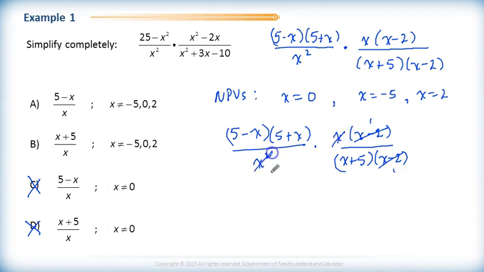X will divide into x squared x times, once up there. 5 plus x is the same as x plus 5 if we reverse the order of the terms. So they divide to give 1. And we are therefore left with 5 minus x over x, where x cannot be negative 5, 0, and 2. A is our answer.